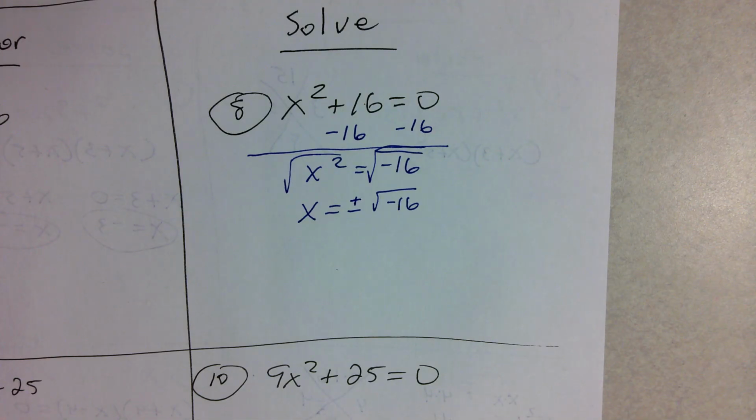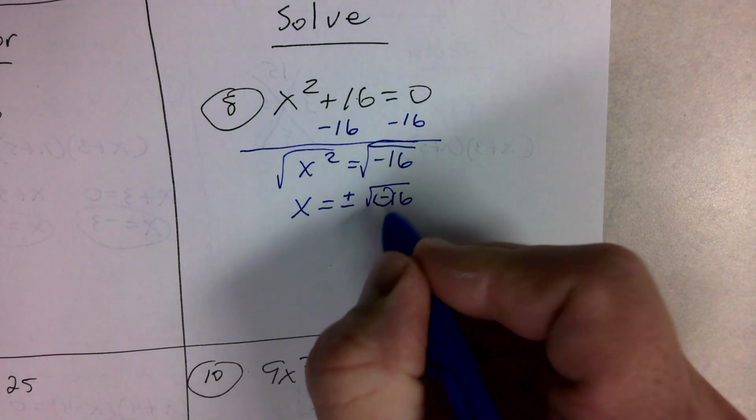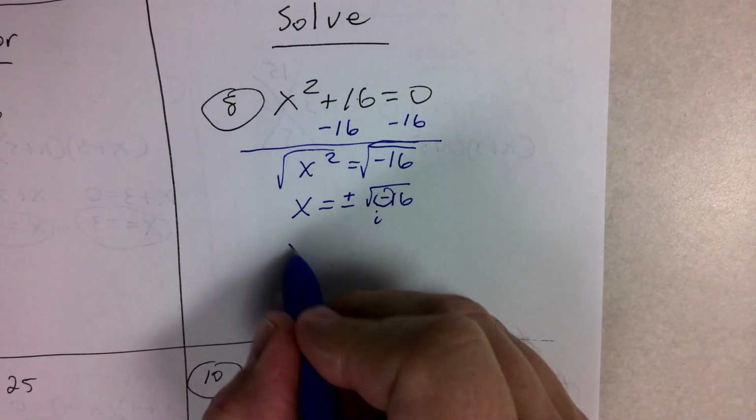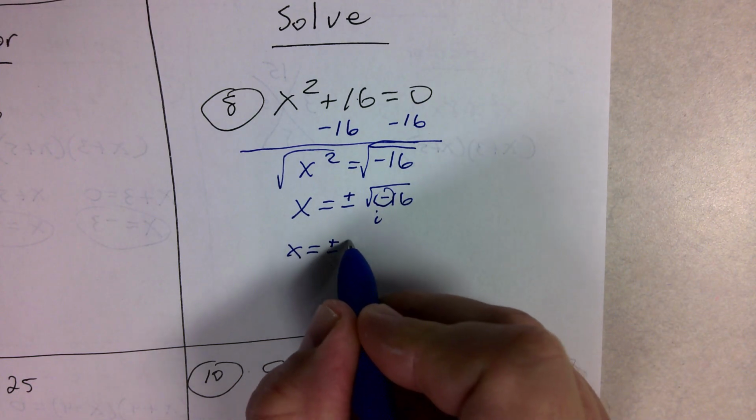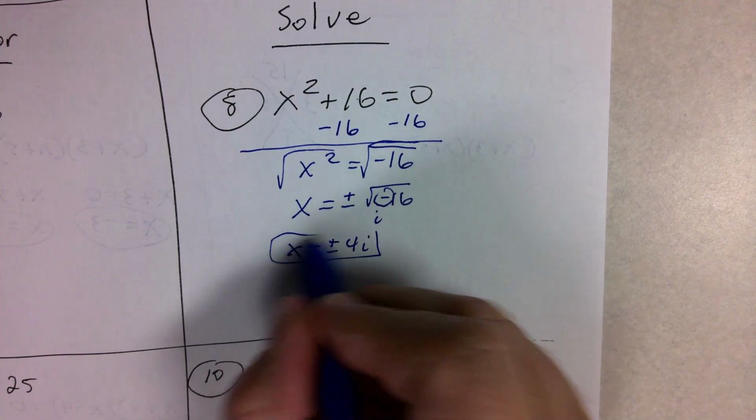Okay, what is the square root of negative 1? i. Okay, I'm going to pull that out. Remember, this is i, so x is equal to plus or minus 4i.